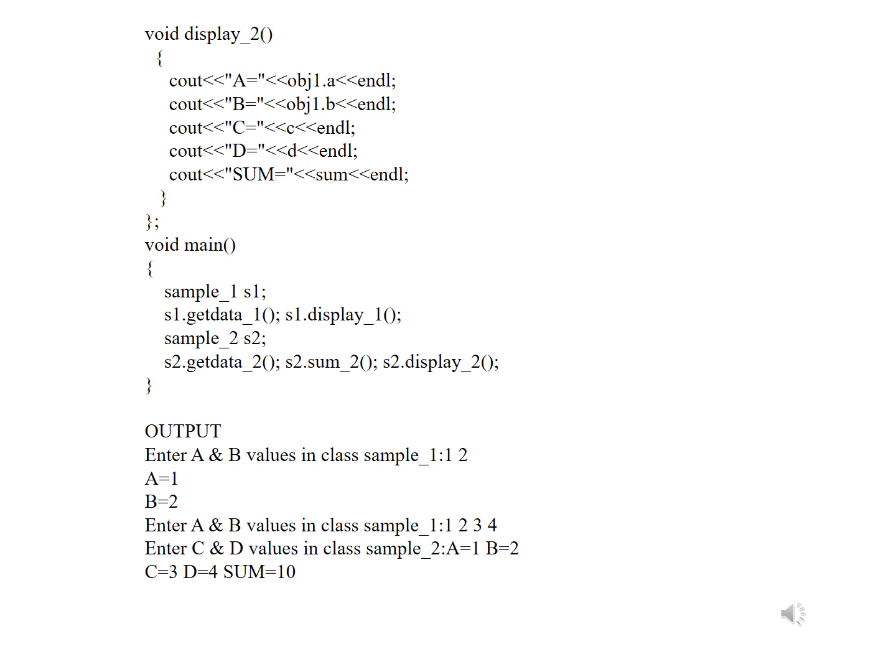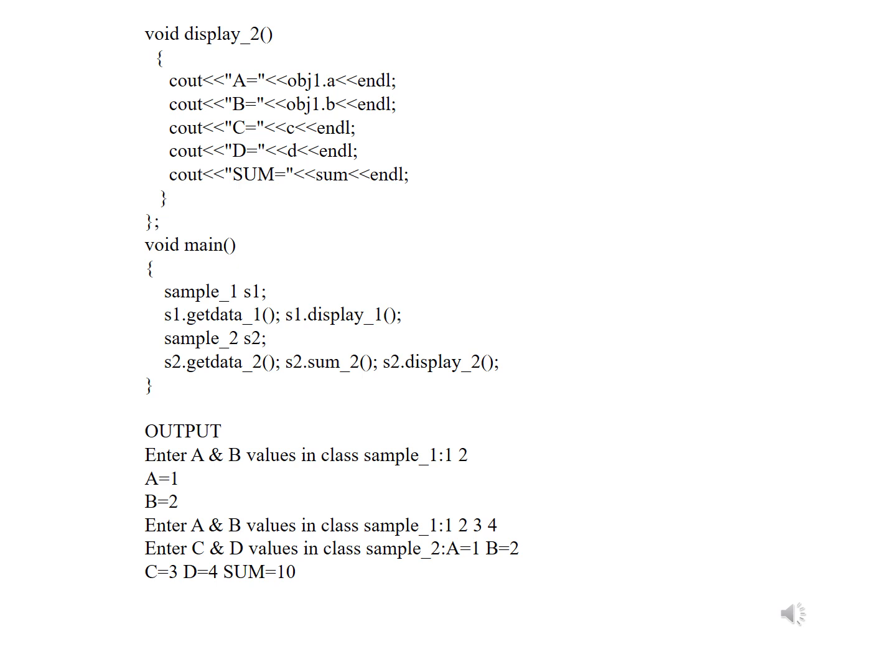So void display2() { cout << a is object1.a; cout << b is object1.b; cout << c; cout << d; and cout << sum will be displayed. So in this display2 we are displaying the value of variable a, the value of variable b, the value of c and the value of d, and finally the sum is displayed, and close the class and we start the void main.